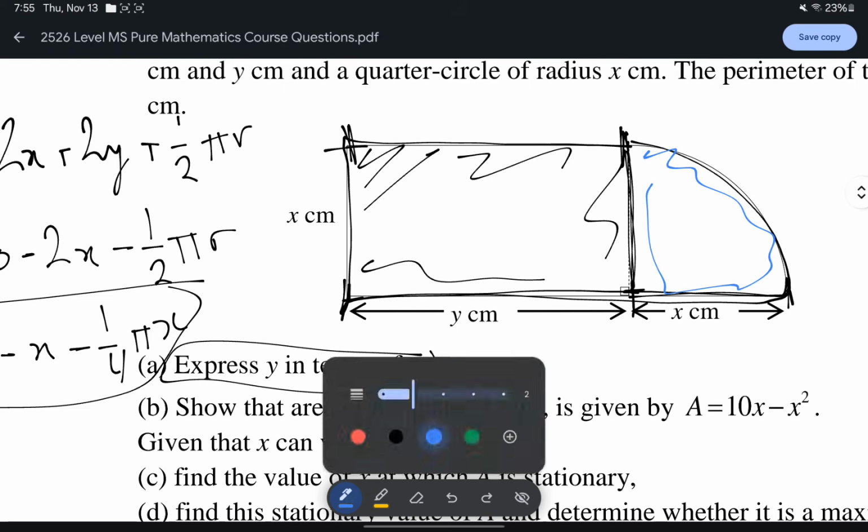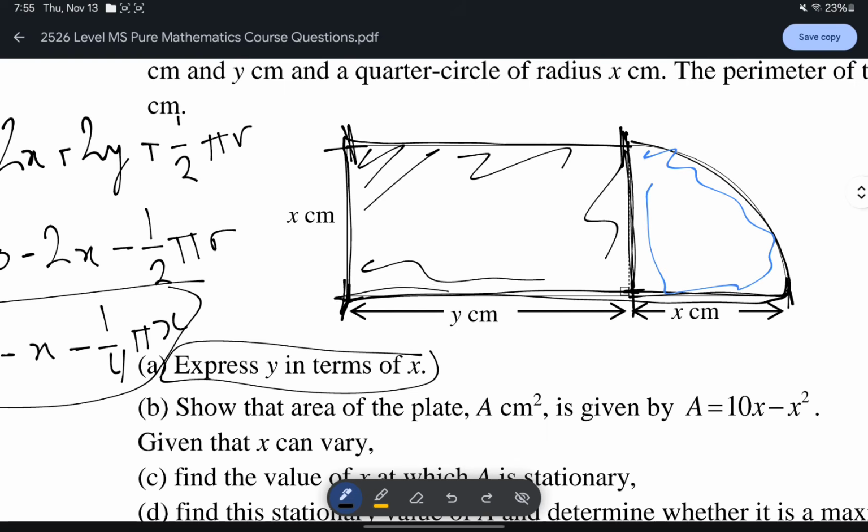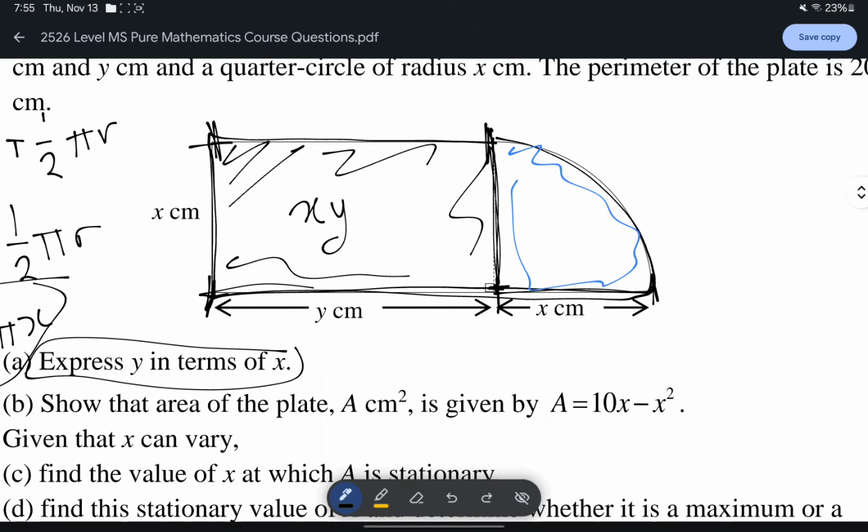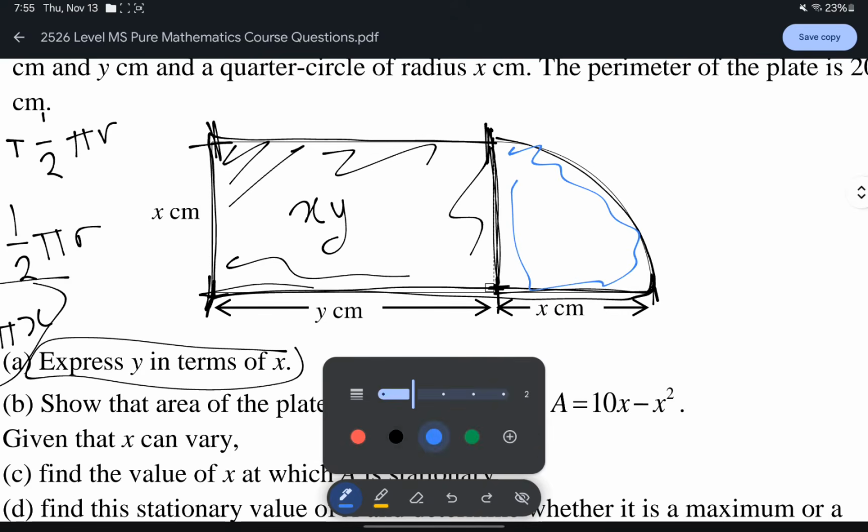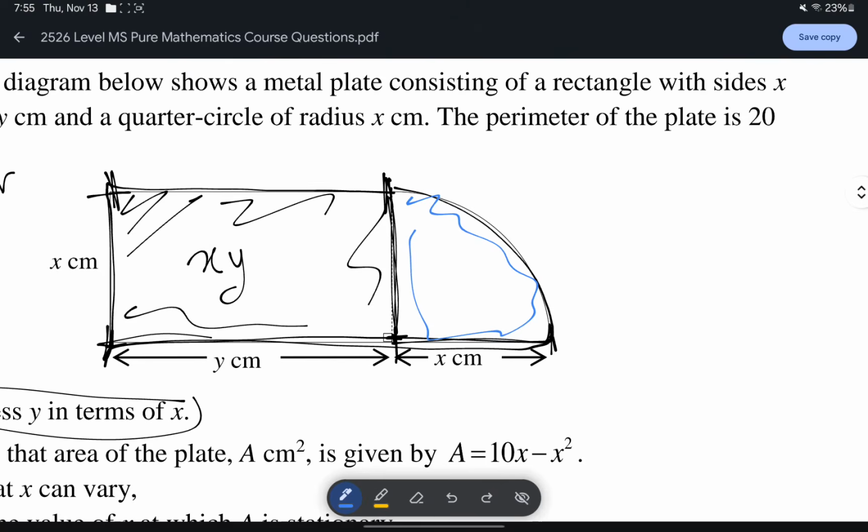Okay, so this first part here, this is just going to be x times y. The area of this is base times height, so x times y. Now the area for this circle here, normally when you have a full circle, the area is pi r squared. Here this is a quarter circle, so times 1 over 4, so it's just 1 over 4 pi r squared.